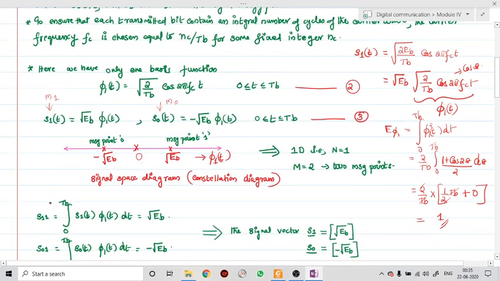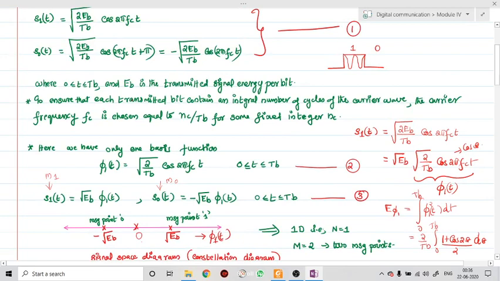S11 is nothing but the inner product between the first signal S1 and the basis. You can find this inner product, but simply by looking at this equation, you can find that S11 is root Eb, because except for this root Eb, the other part of the equation is phi 1.